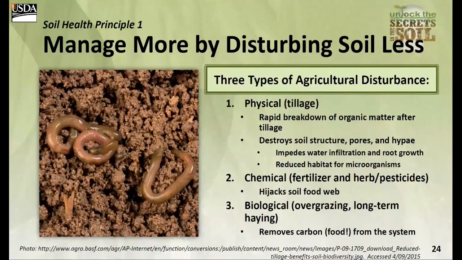But we also want to try to minimize chemical disturbances, fertilizer, herbicides, pesticides, because they hijack that soil food web. They drive it into particular directions. It's no longer utilizing the plant to capture all this carbon. Why does the plant need to support a microbial population to bring it nutrients if we're just giving the plant nutrients available?